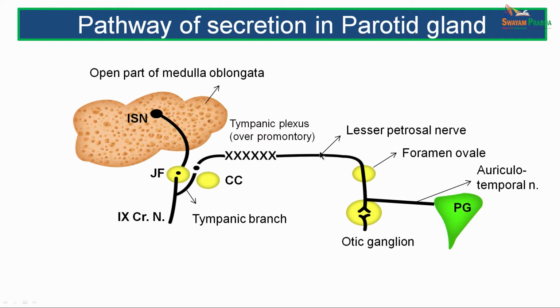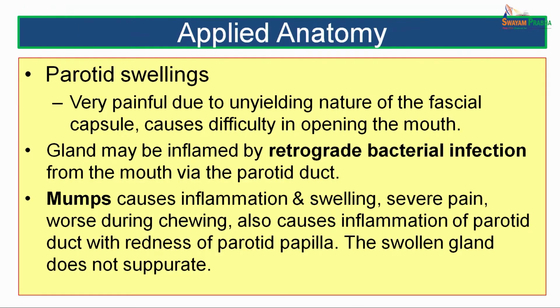Further, it continues as the lesser petrosal nerve, which leaves via the foramen ovale, reaches the otic ganglion, and relays in the otic ganglion, with postganglionic fibers going as the auriculotemporal nerve and reaching the parotid gland. This is the secretomotor pathway for the parotid gland.